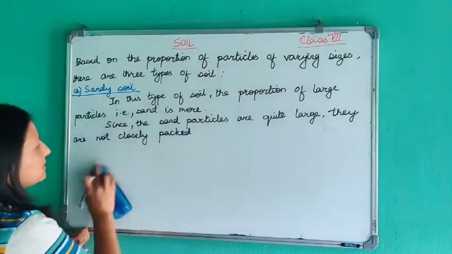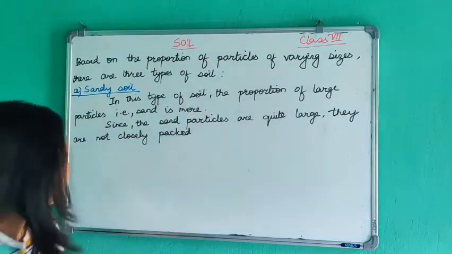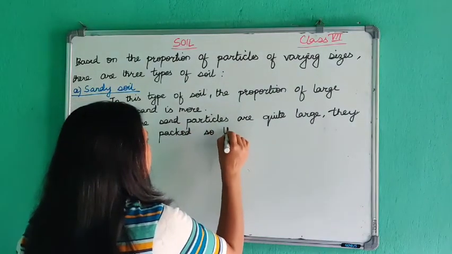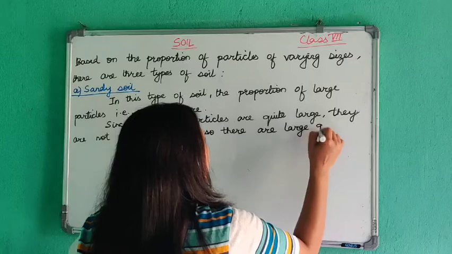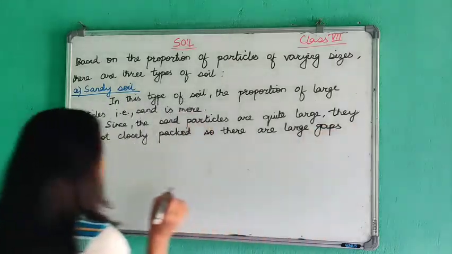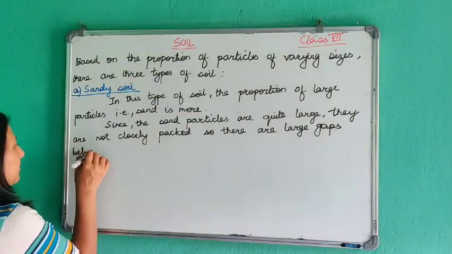So there are spaces in between them. There are large gaps or spaces between them. यो particle को बीचमा gap हुन्छ.